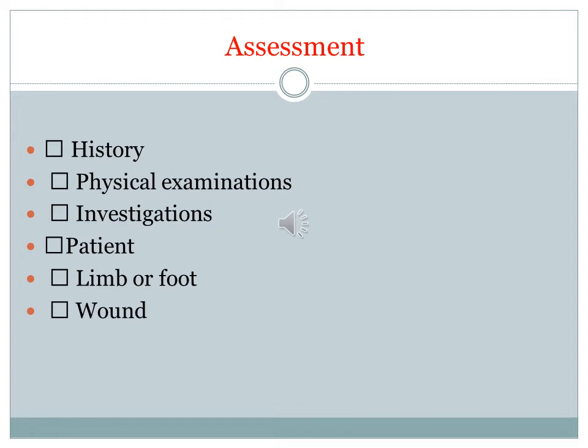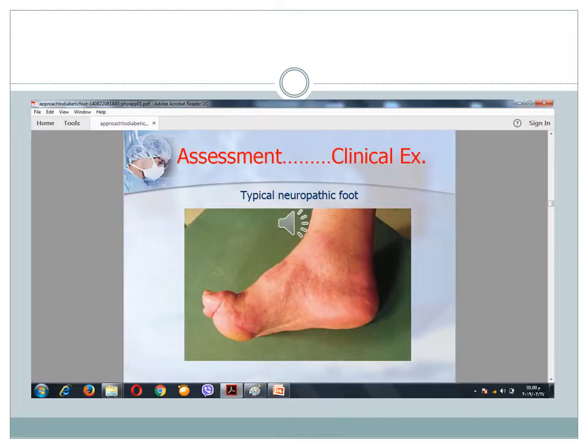Assessment of a patient with diabetic ulcer: careful history, careful physical examination, full investigations of the patient, examination of the limb and foot, and examination of the wound. This is a deformed foot of a patient with diabetes mellitus. This foot is at risk and the patient is liable to develop an ulcer since there is a deformity.